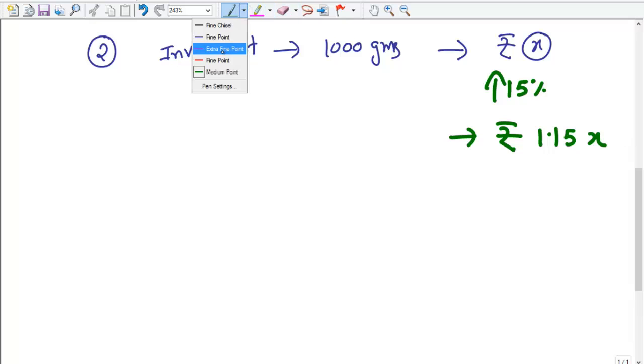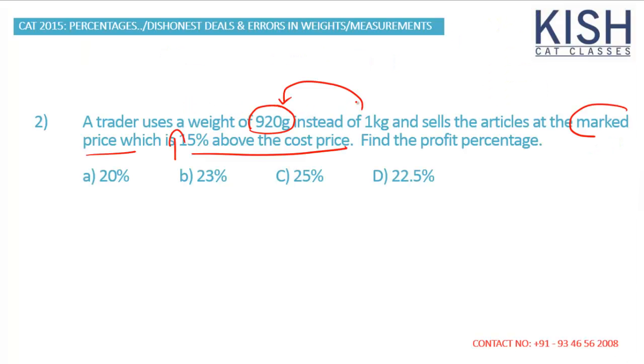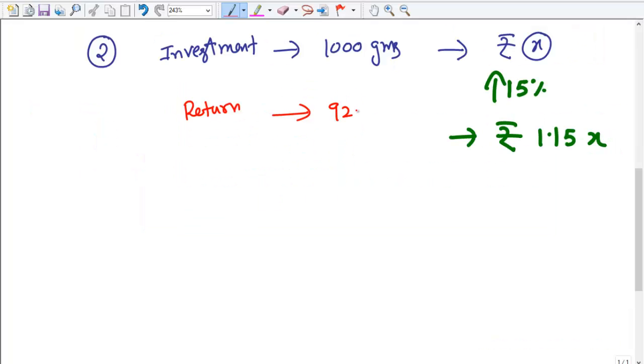So the return is quite simple. Return is for exactly 920 grams. That is 1.15x. So if 920 grams will fetch us 1.15x, then what about 1000 grams?